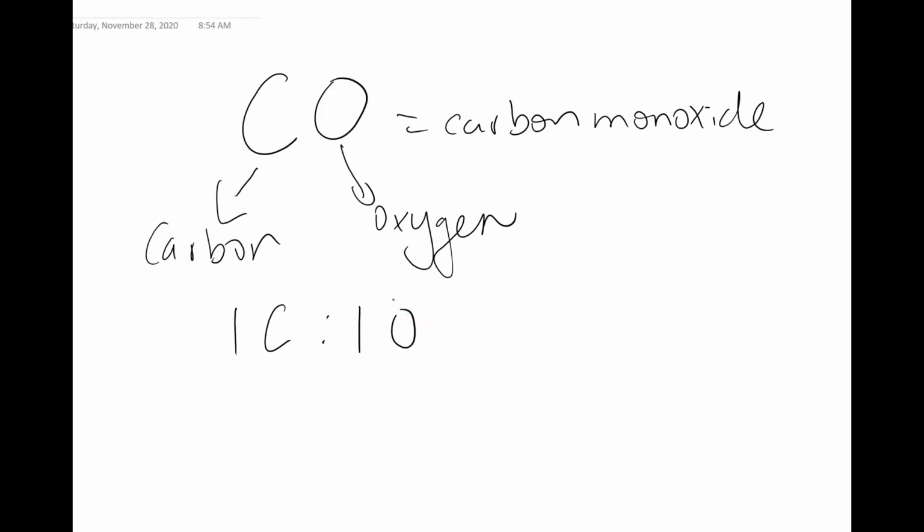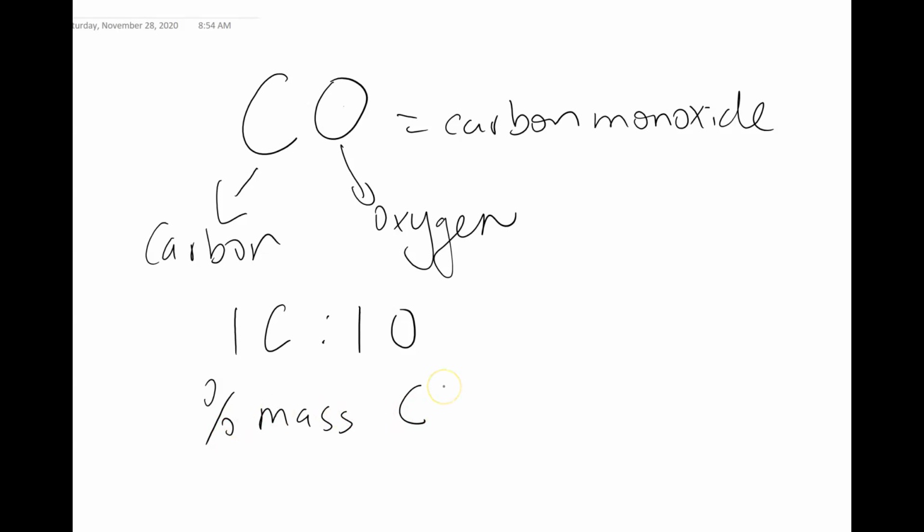Now the question is going to be the mass percentage of each one. In other words, how many grams of carbon is there in the carbon monoxide, in percentages, and how many grams of oxygen in the total thing in percent form. Just like we did with the coins, it's going to be a part to total percentage.